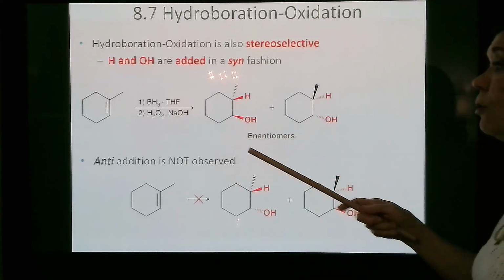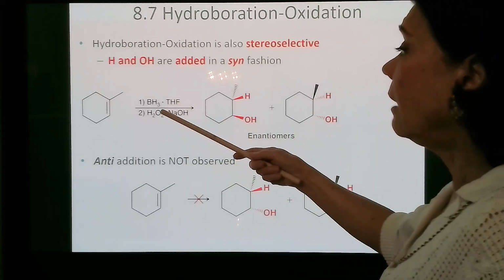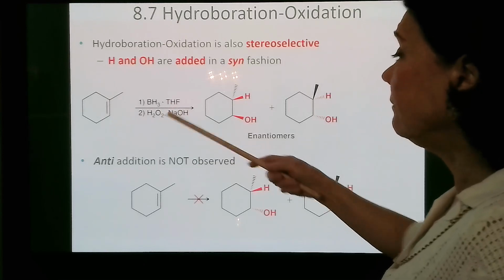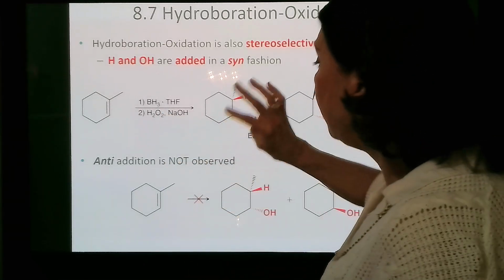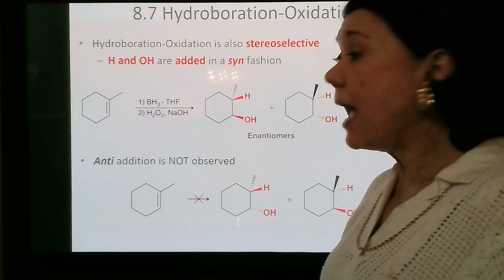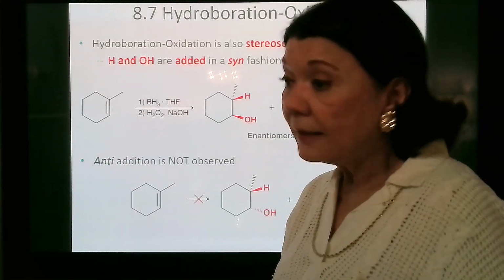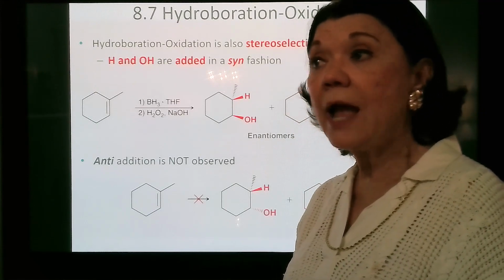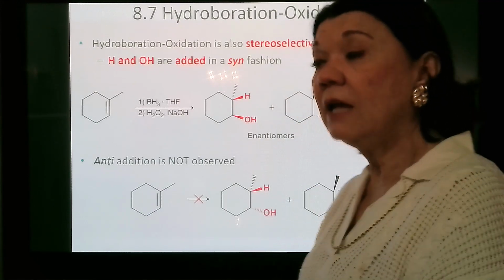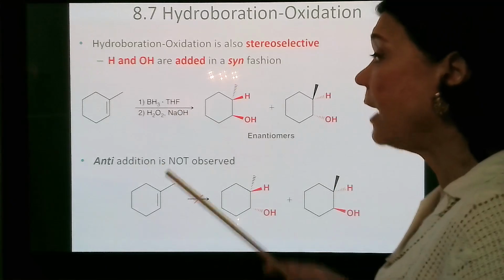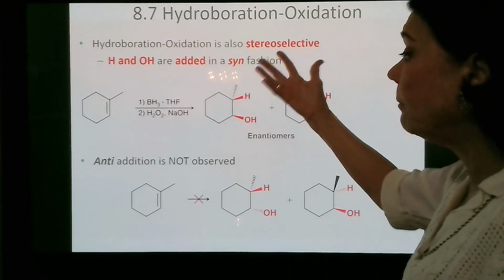The reagents can come in from one side or the other. And if you have a planar reactant, that's the case. If you have a planar carbocation, it's the same thing. If you have something planar react with some reagents, they can come in from either side.